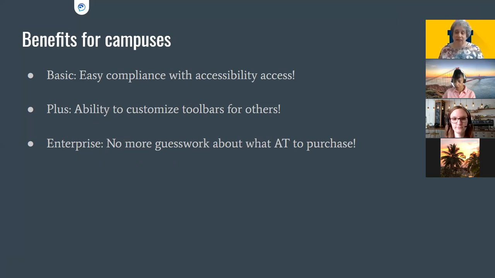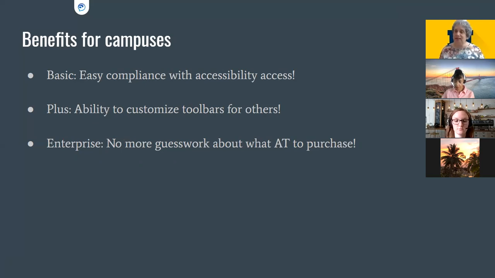With Plus, you are able to customize toolbars for others so that rather than needing to provide ongoing tech support, you can simply provide people with the accessibility toolbars that they need up front.